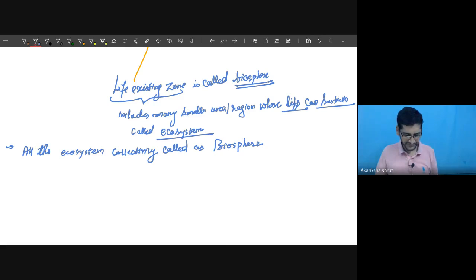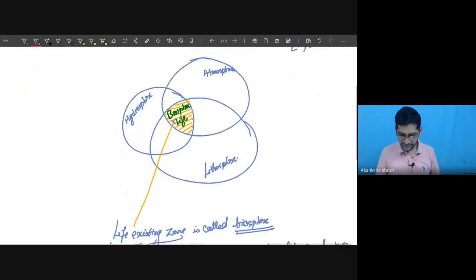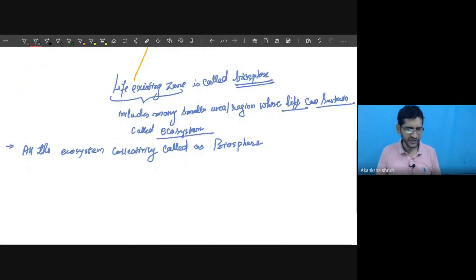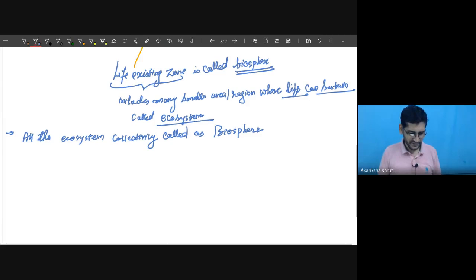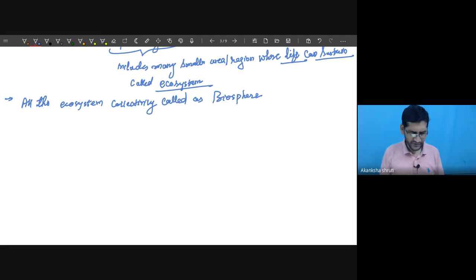Okay, students. Now let us come to this. This is important. What is biosphere? Biosphere is nothing but the life existing zone. So we may write for the biosphere also, because sometimes the definition is also asked.